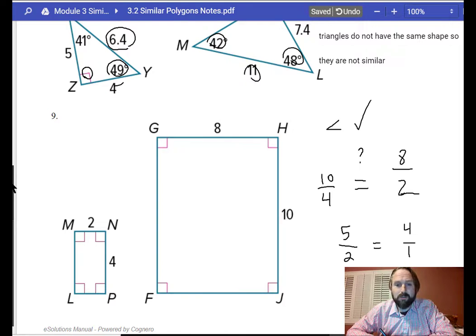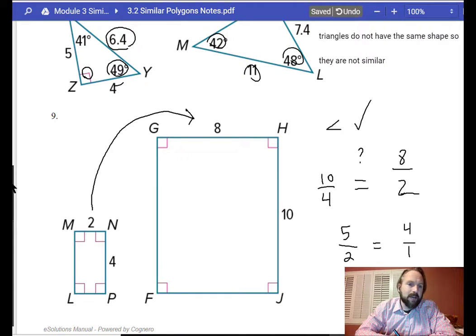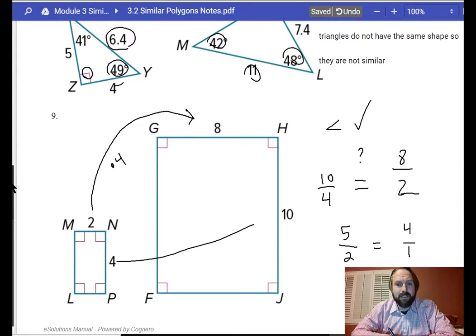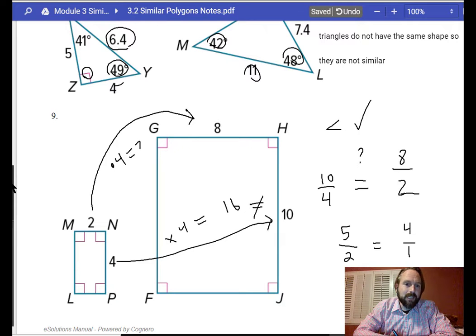The proportions should be the same. If from here to here is times 4, then from here to here should be times 4 as big. But it's not. Times 4 bigger is 8, times 4 bigger is 16.